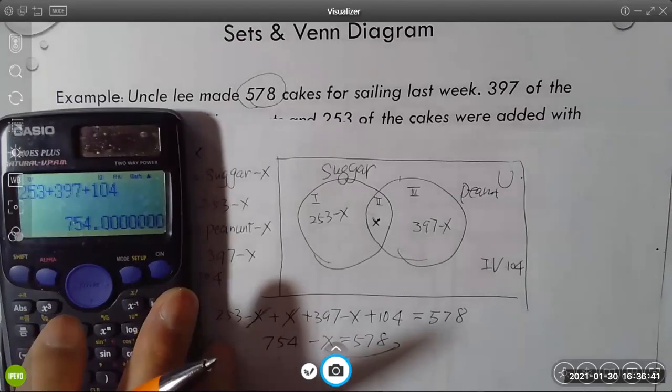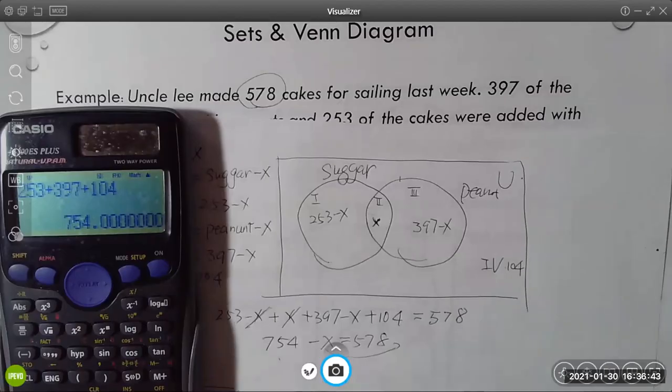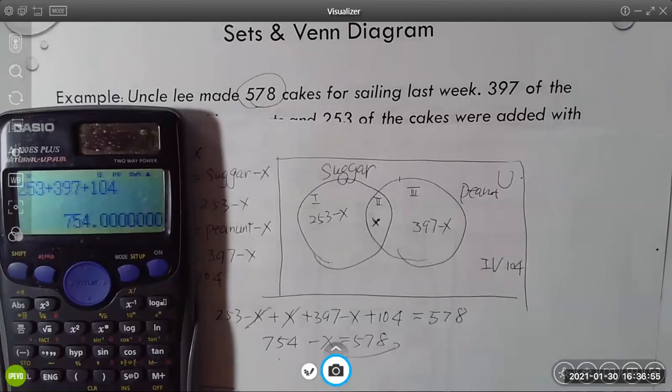Now let me redo the calculation. 253 plus 397 plus 104 equals 754. That is right. 754 minus X equals 578.